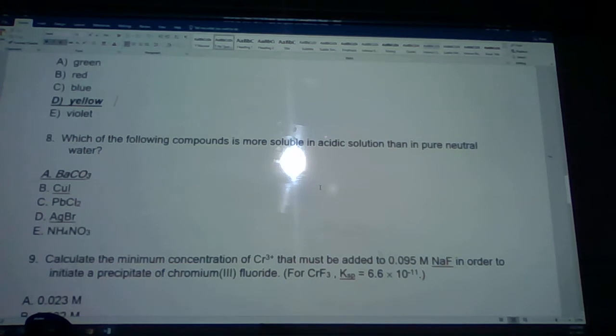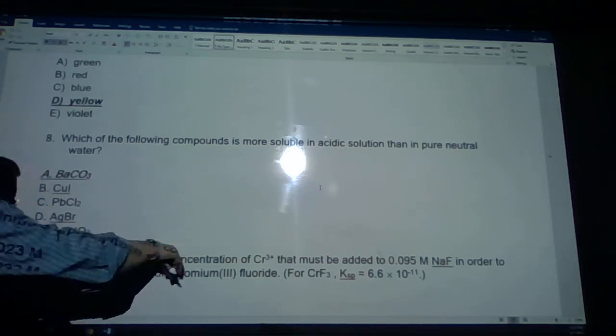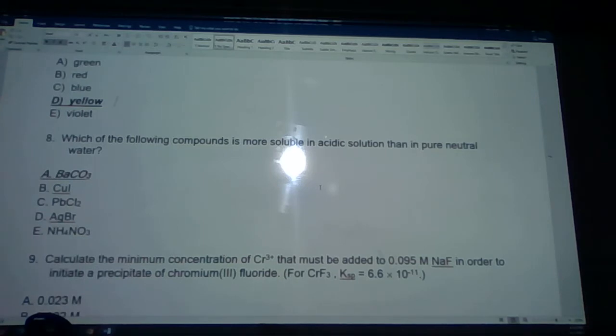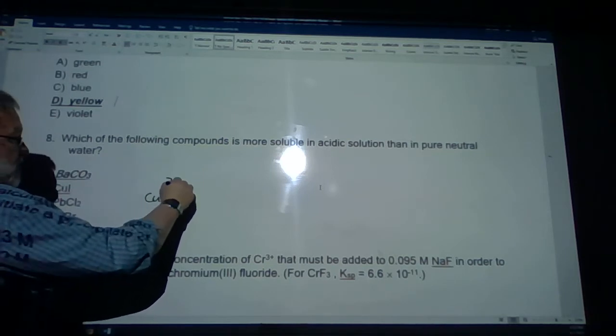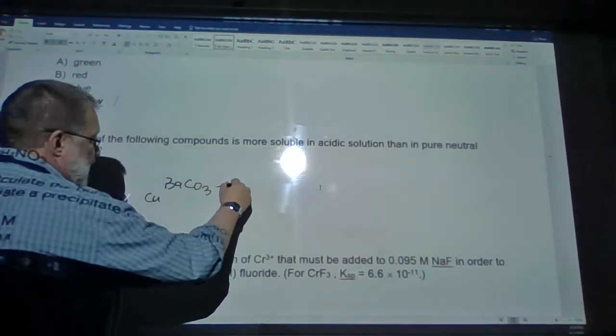Number 8, which of the following compounds is more soluble in acidic solutions than pure neutral solutions? We are looking at how each of these species would dissolve in water. What would it create?